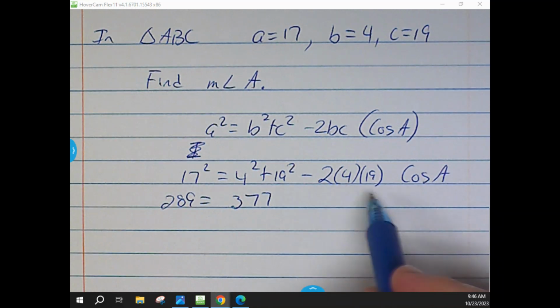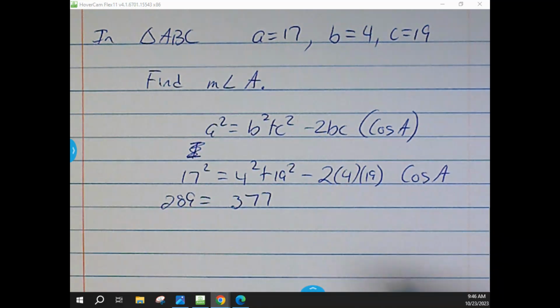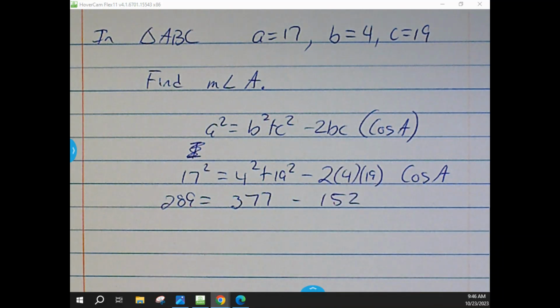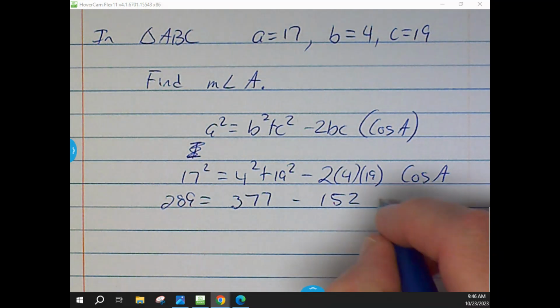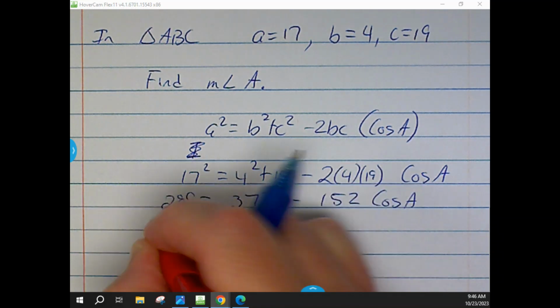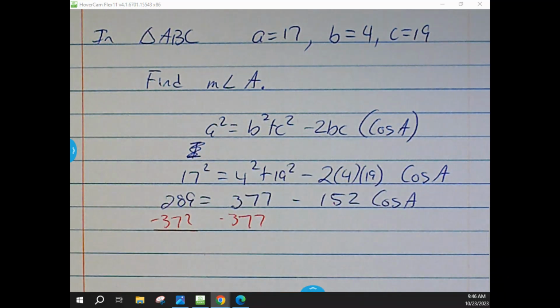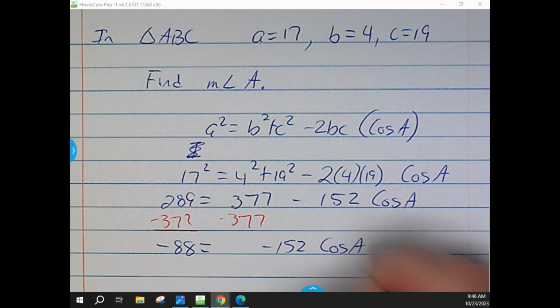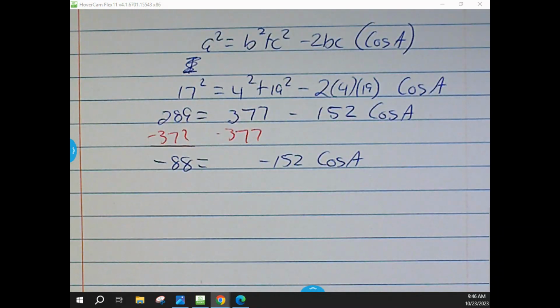That's 8 times 19, which is 152, cosine A. Okay, we're going to subtract the 377 and take it over here. That leaves negative 88 equals negative 152 cosine of A.